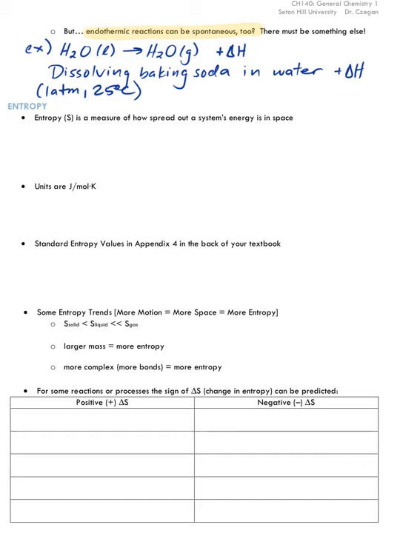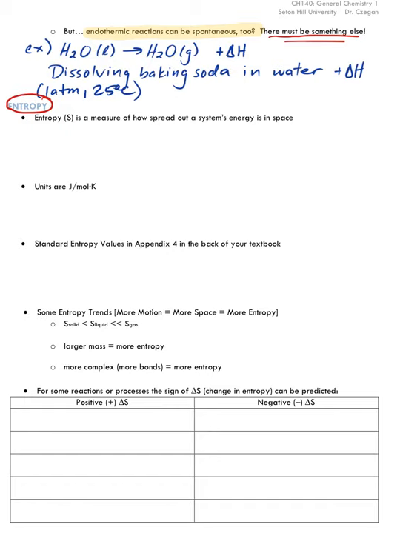So if there are processes that can be spontaneous, even though they require heat, there must be something else that explains what makes something spontaneous, what makes something happen. That something else is entropy. Entropy, which is abbreviated with a capital S, is a measure of how spread out a system's energy is in space.